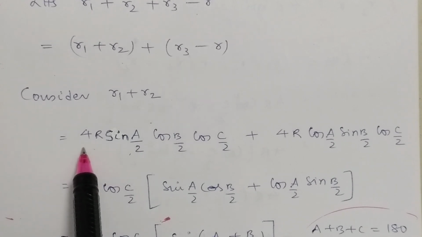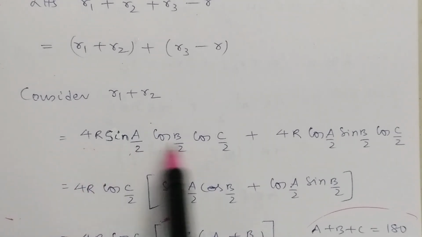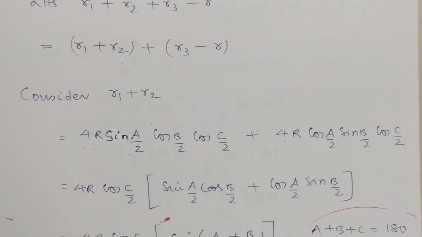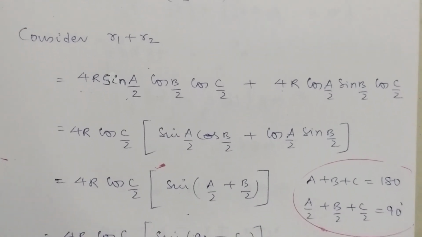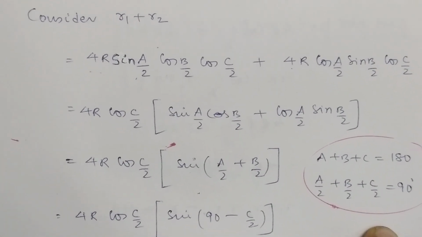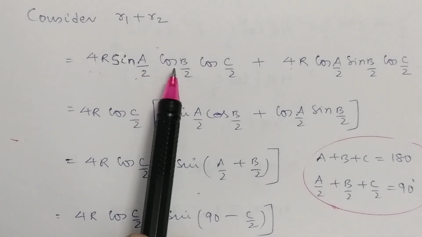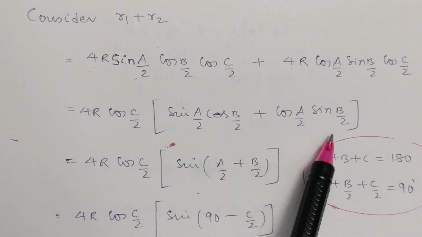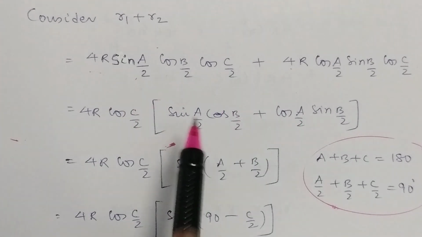Here 4R cos C by 2 is common. So take 4R cos C by 2 common. By taking common, what is remaining? Sin A by 2 cos B by 2 plus cos A by 2 sin B by 2. The remaining I have written.